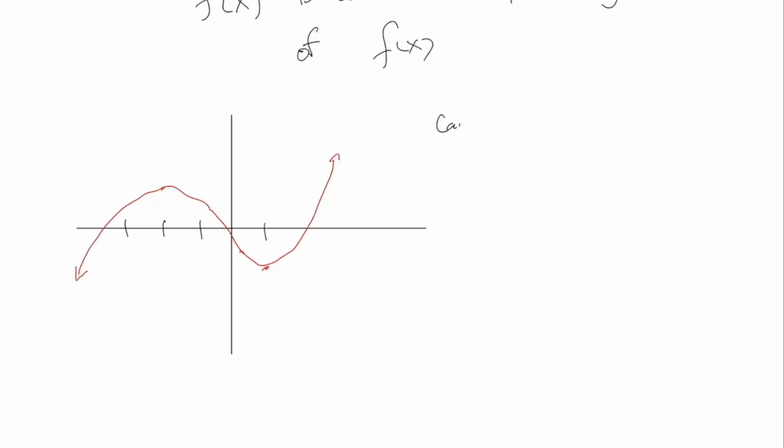For example, can we eyeball estimate f prime of 2, let's say, and let's say 2 is like here, so it's that point on the graph, f prime of 2.